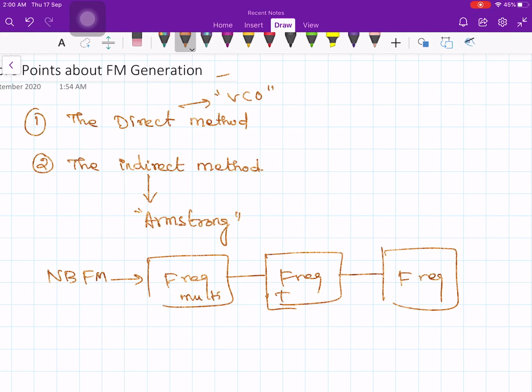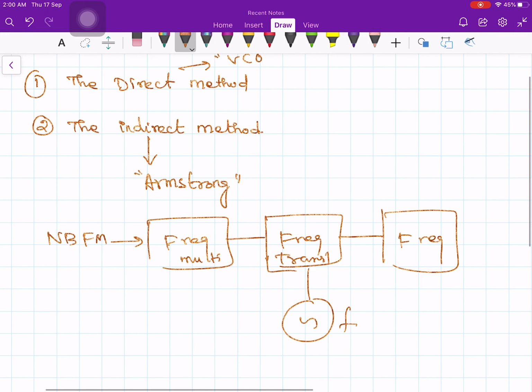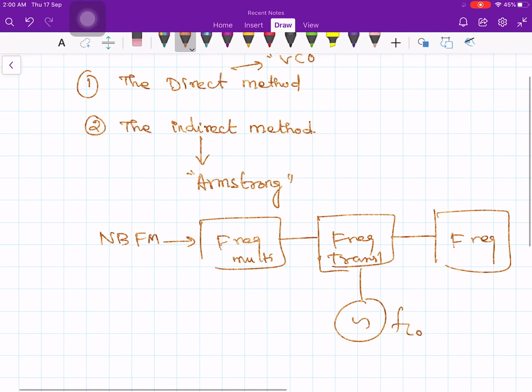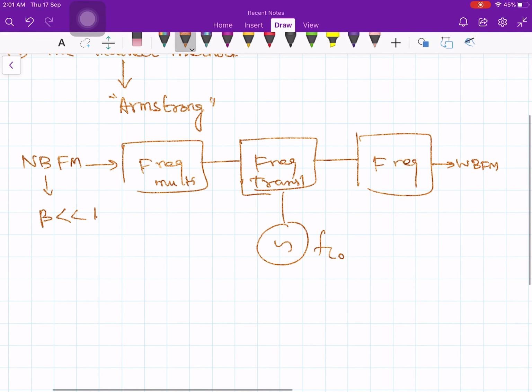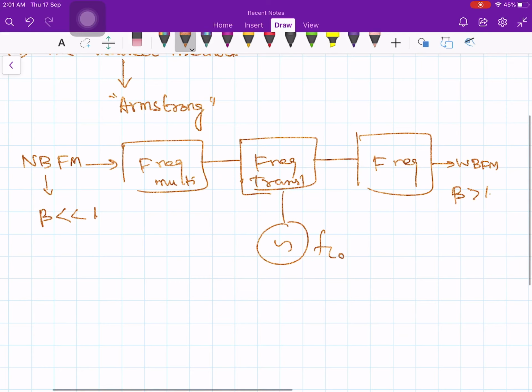For the frequency translator, I should have a local oscillator, FLO. The narrowband FM generator generates a signal with a small modulation index, much less than 1. Frequency multiplication produces a wideband FM signal, WBFM, of a large modulation index. Here beta is greater than 1.